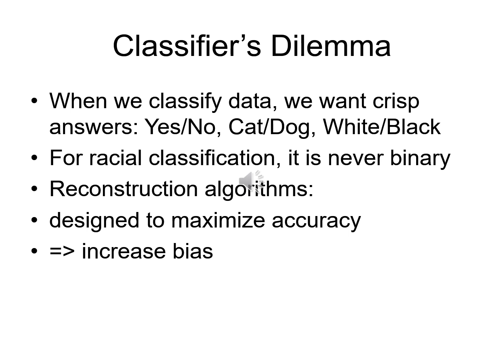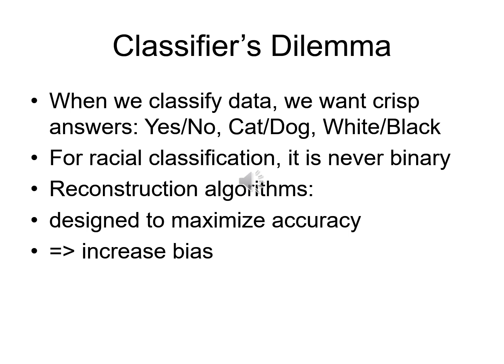The reconstruction algorithms that we normally use are designed to maximize the accuracy of the image that it is going to generate. Now, in the process, it hits the actual thing so hard that it often increases the bias, and if there is a small bias, it gets amplified.